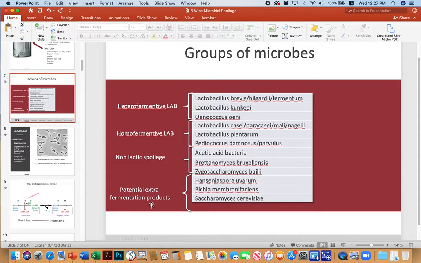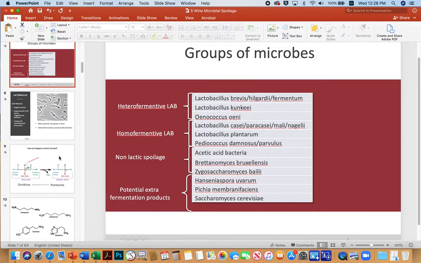Pichia actually can make some 4EP and 4EG as well, and Hanseniaspora can make ethyl acetate, which I've already talked about. Saccharomyces, I think one of its big issues is if it hangs around in the bottle later on, you can get fizz and zing in a bottle where you don't want that. So that's the extra fermentation product typically that we worry about from residual Saccharomyces.